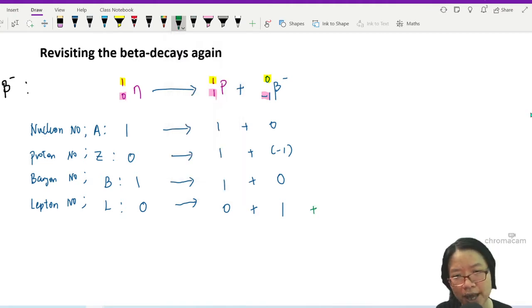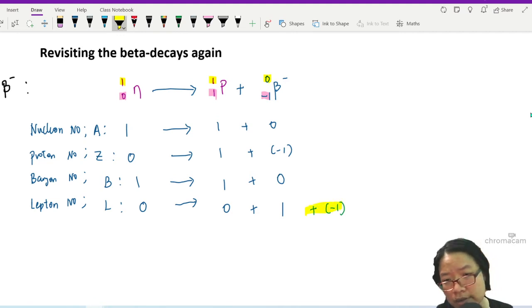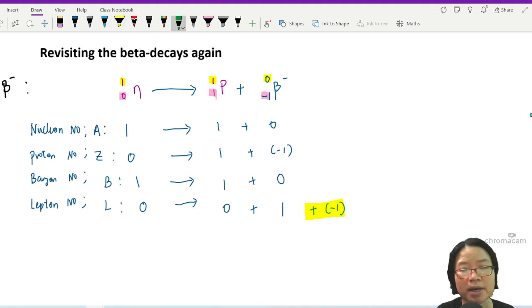So I need to add this negative 1 here in order to balance my lepton number, or to conserve my lepton number.